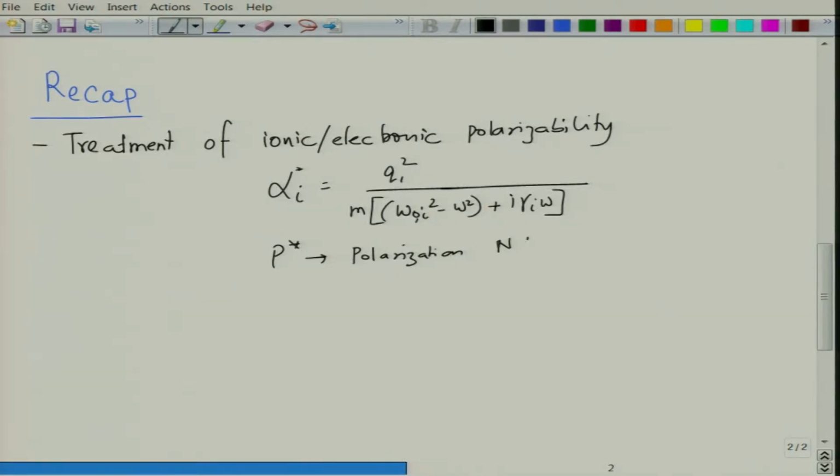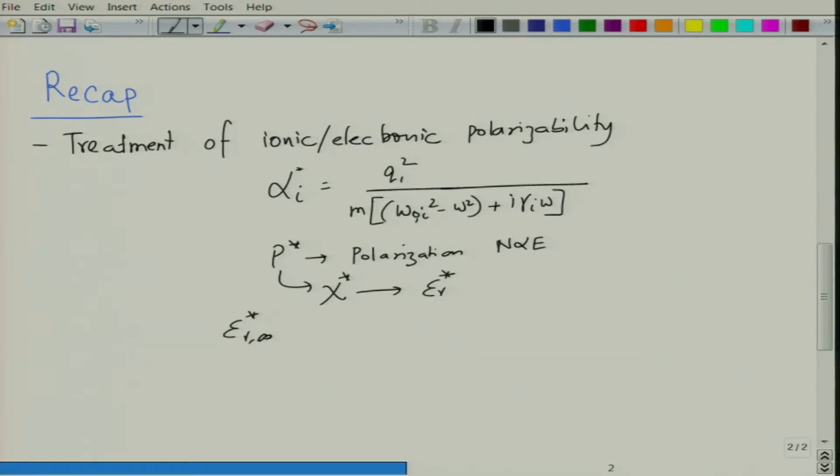Polarization will be n alpha E, where n is the number of dipoles per unit volume, and then when you do the separation of real and imaginary parts, we can relate polarization to susceptibility. Susceptibility gives rise to epsilon r, and we found expressions for epsilon r.